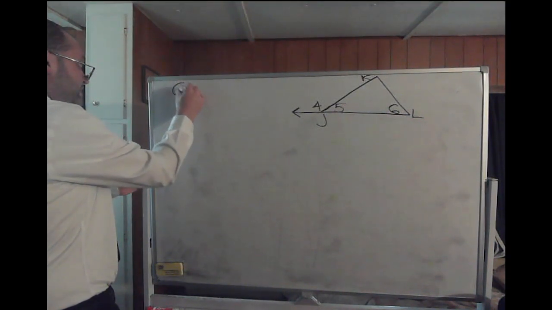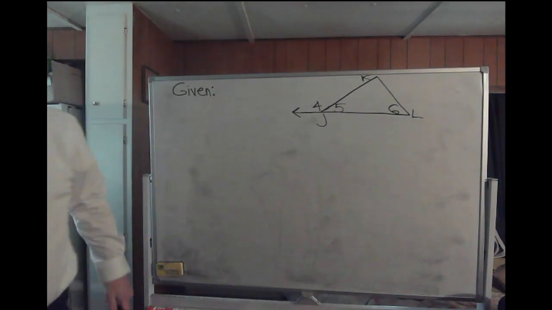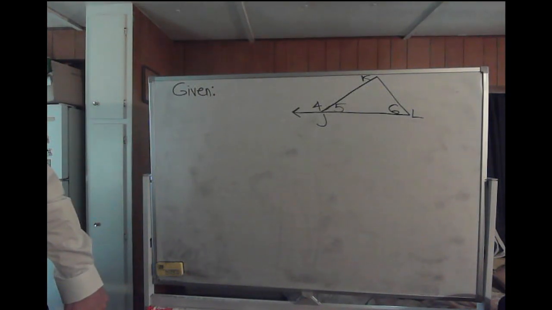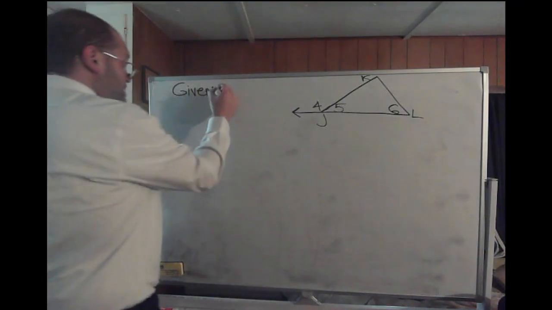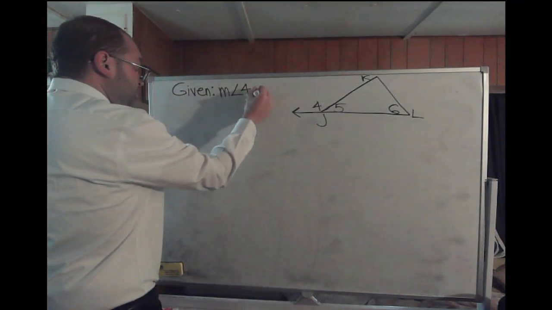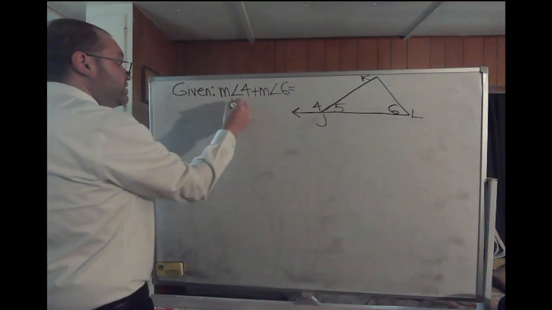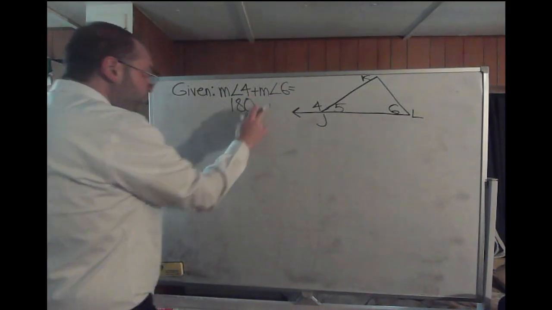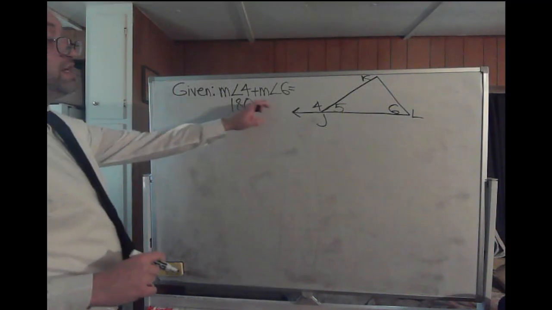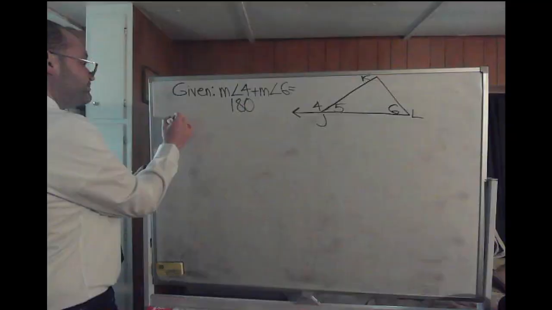What we are given here is that the measure of angle 4 plus the measure of angle 6 is equal to 180.